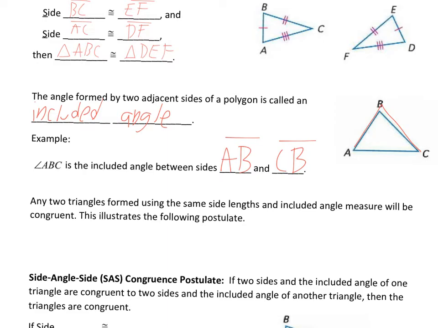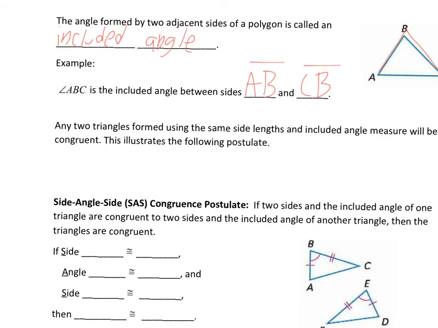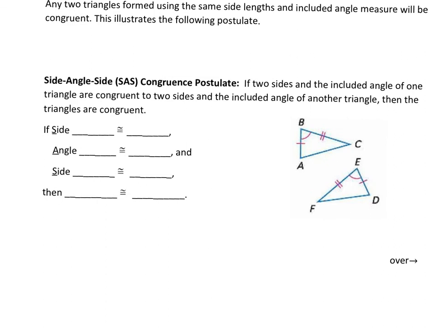Any two angles formed using the same side lengths and included angle measure will be congruent. This therefore illustrates the following postulate, what is known as side-angle-side, or SAS congruence. If two sides and the included angle of one triangle are congruent to two sides and the included angle of another triangle, then the triangles must be congruent.